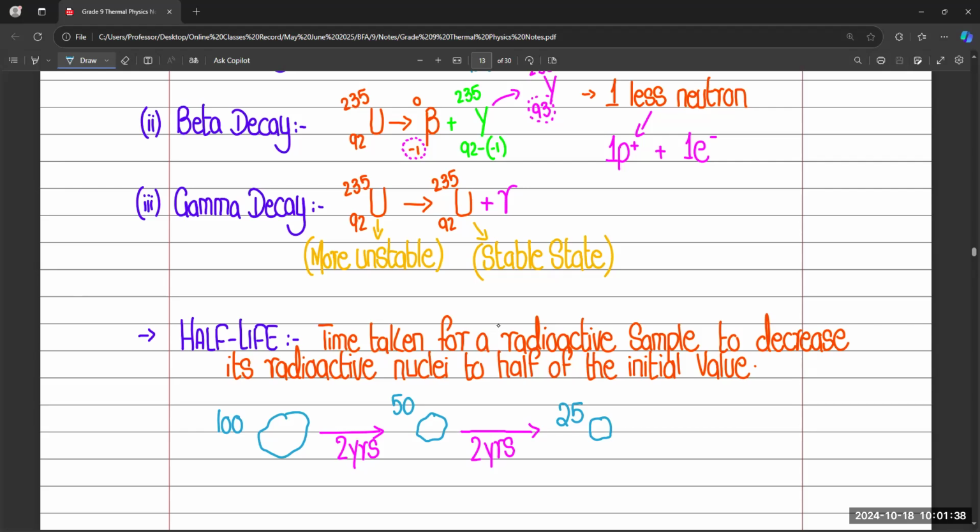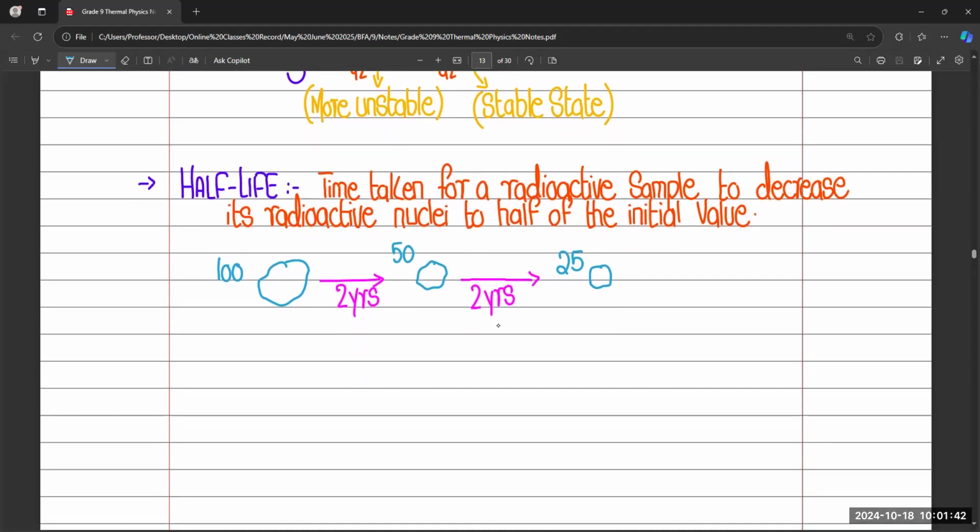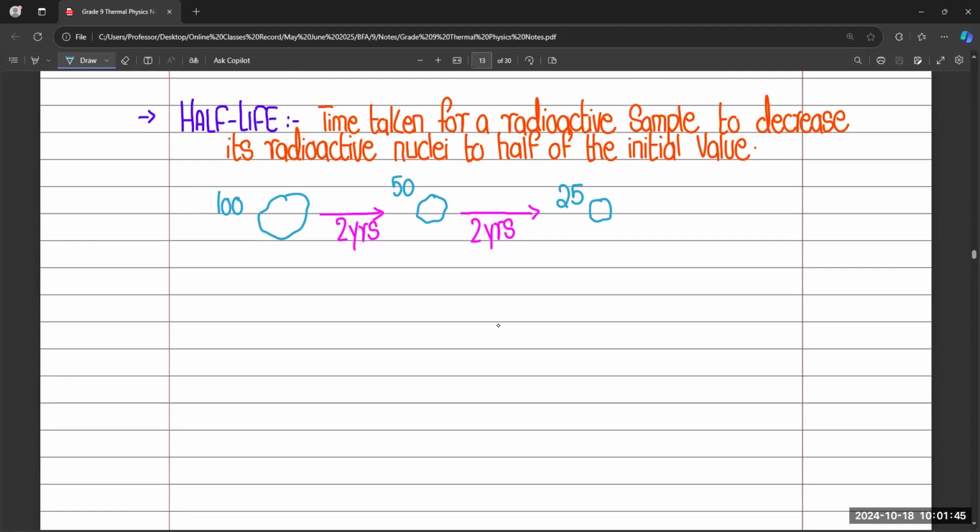And in the same way, you can also write the definition of half-life in another form, and that definition gives you another idea also.